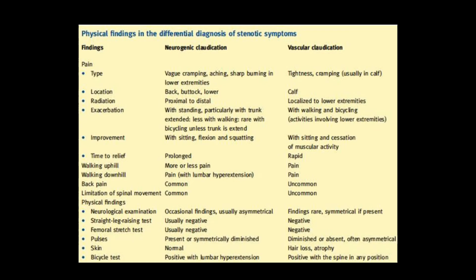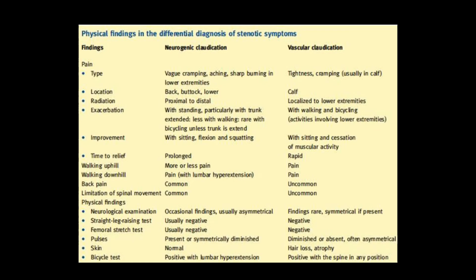The other concerns with this is that if we look at some of our physical examination findings, individuals with neurogenic claudication will typically have a complaint of back pain, and their spinal examination with respect to range of motion will be limited. We won't see that in individuals with vascular claudication.